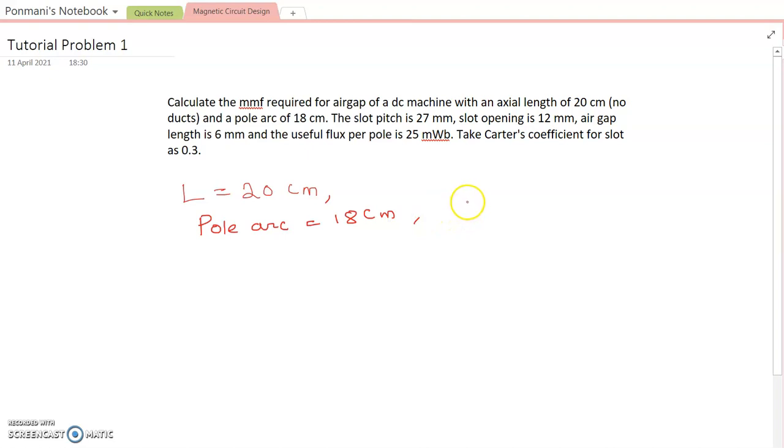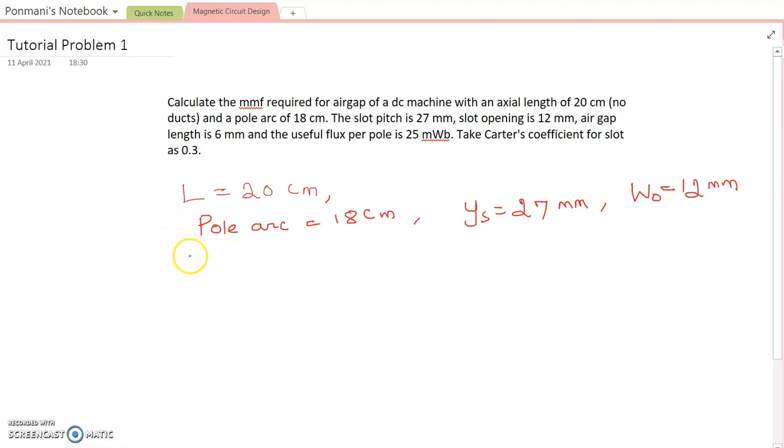Slot pitch, Ys, is given as 27 mm. Slot opening, W0, is given as 12 mm.